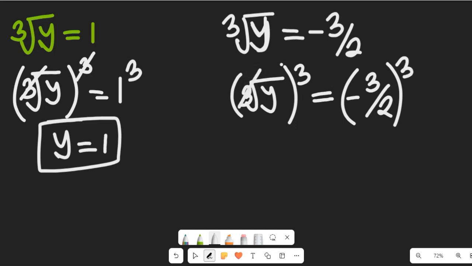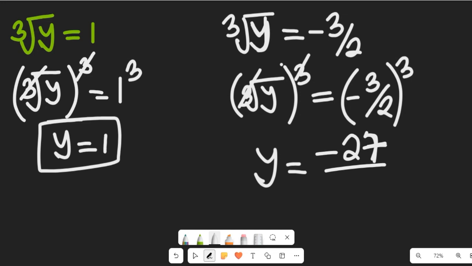If you simplify this, the cube root will clear the cube, and then we'll have our y equal to negative 3 times negative 3, which is 9. So 9 times negative 3 is going to give us negative 27, divided by 8.